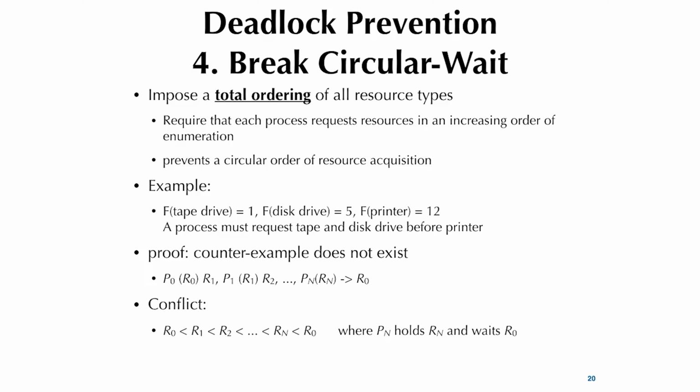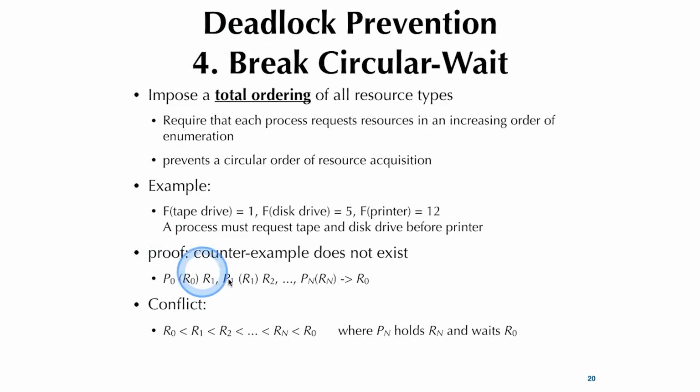Why? Because you always get locked out by the outermost, right? And then when you release, you have to do them in reverse order, right? So if everybody gets locked out by the highest, there's no way they could have a dependency back to a lower one, because that's by construction.